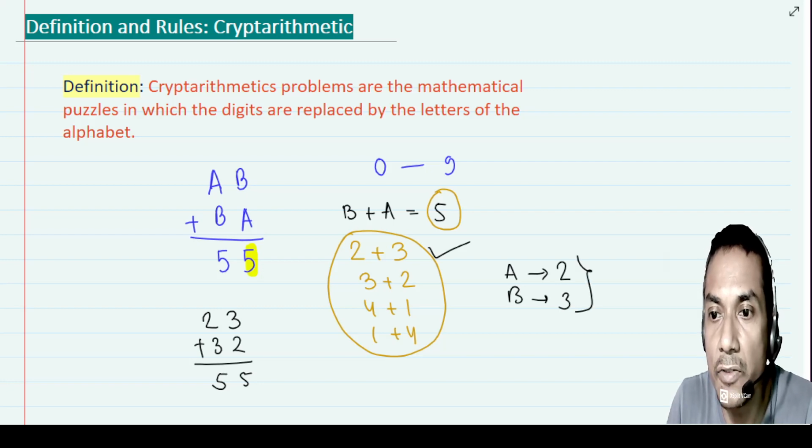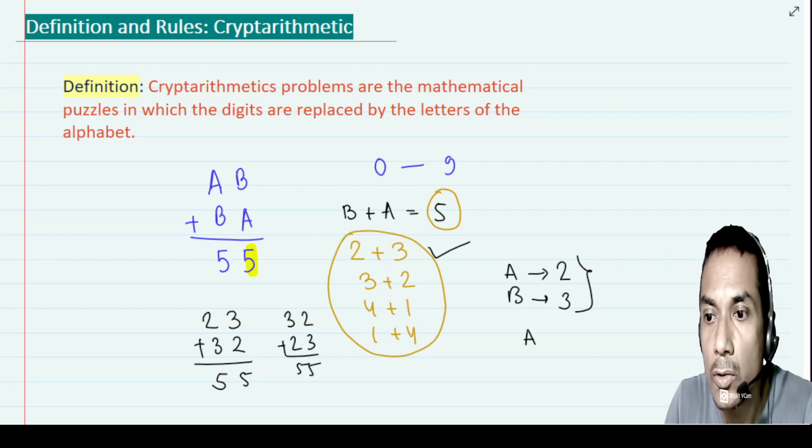And if we consider 3 2 and 2 3, so A as 3 and B as 2, then also we get 55.